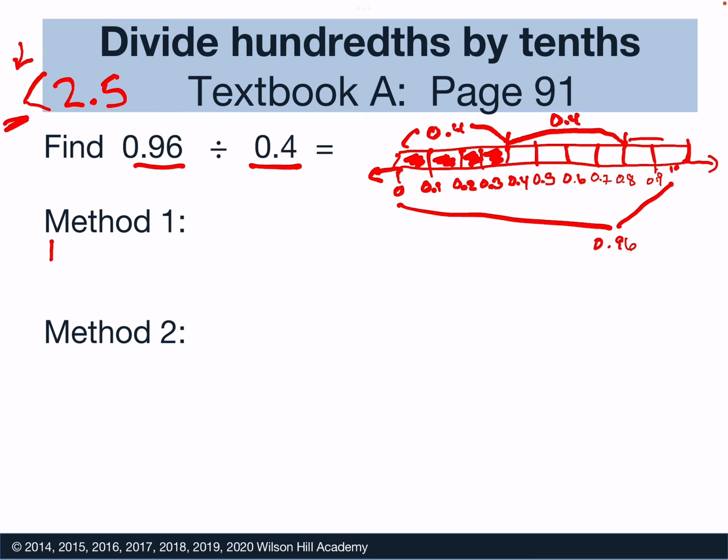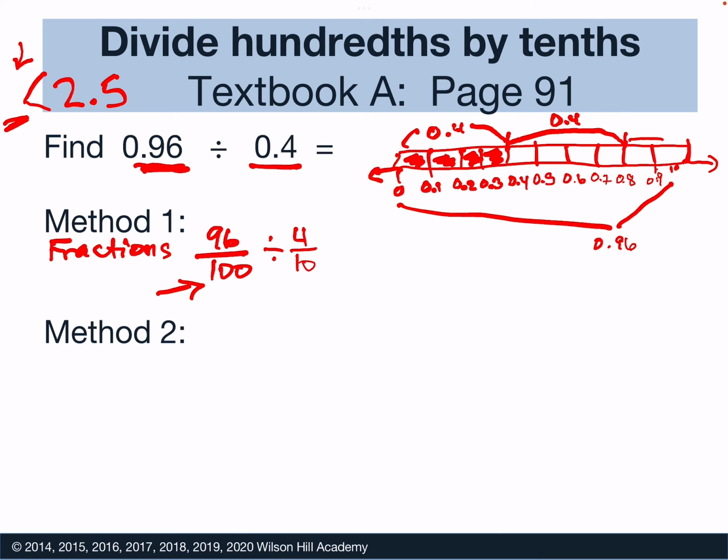Method 1 is to use fractions. All right, so let's start with 96 hundredths. Remember, you've got to put 96 over 100 because there are 2 place values here, tenths and hundredths, and we're dividing it by 4/10.